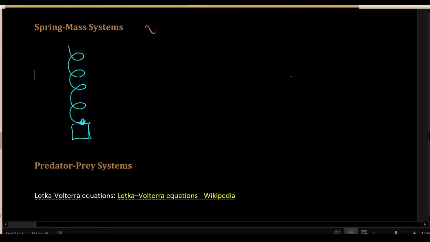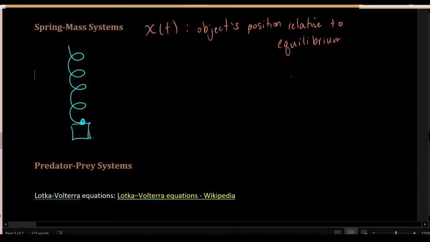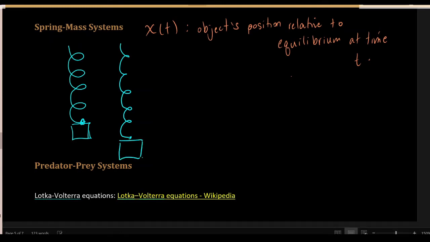So we introduce a variable called x usually. X is a function of t, which measures the object's position relative to equilibrium at time t. Now suppose that I come in and I exert a force on the spring mass system in order to elongate it.